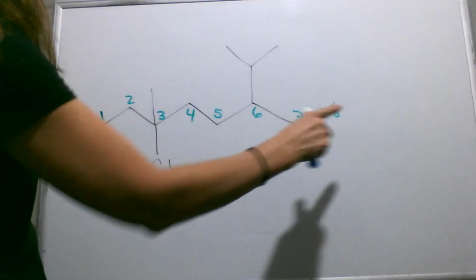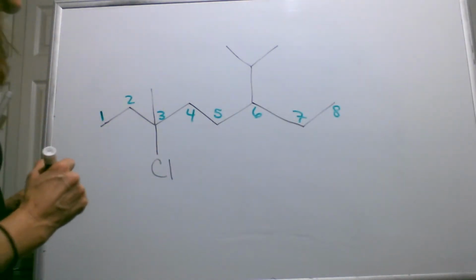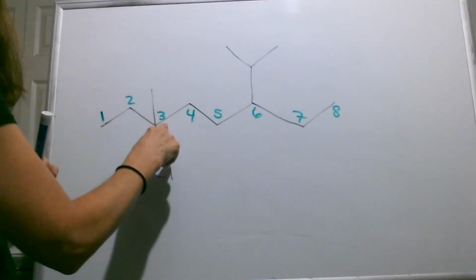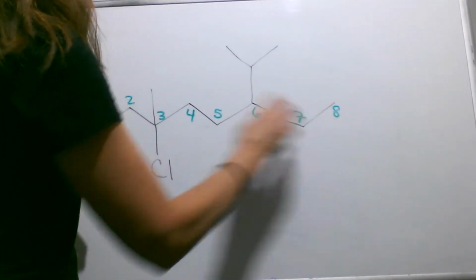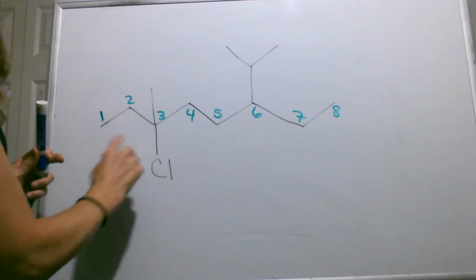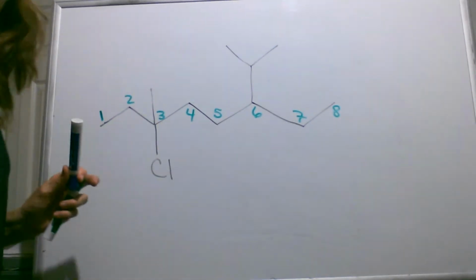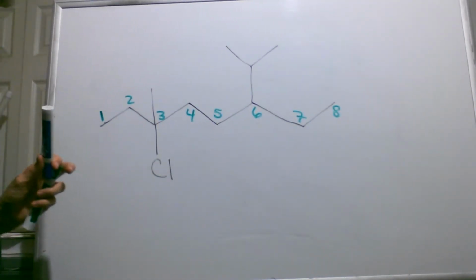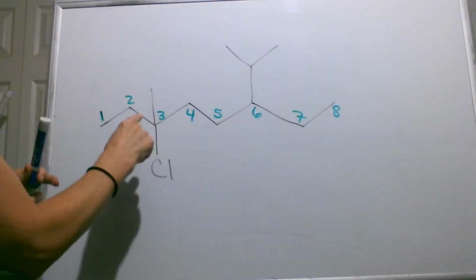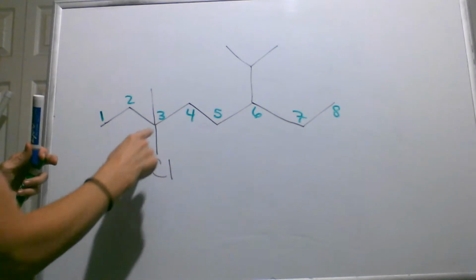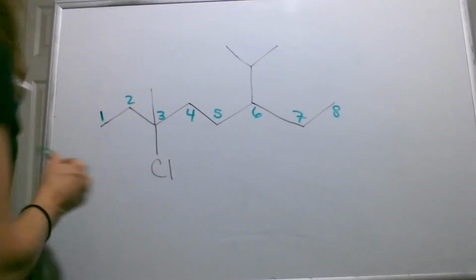So if we go in this direction, we have 8 carbons in a row, and we have substituents on carbon 3 and 6. So for this numbering, with 8 carbons in a row, we have substituents going in this direction on carbon 3 and carbon 6.